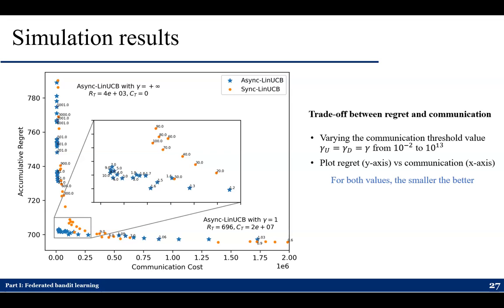For both, lower value is desired, so the closer it is to the origin, the better the algorithm is. This simulation shows that we can attain a relatively close regret to the imaginary centralized agent while only requiring communication costs that are several magnitudes lower than the centralized algorithm.